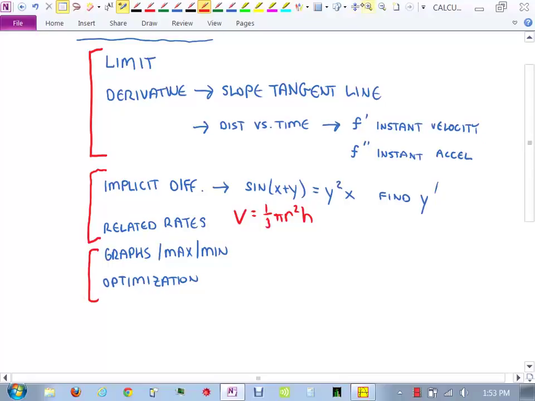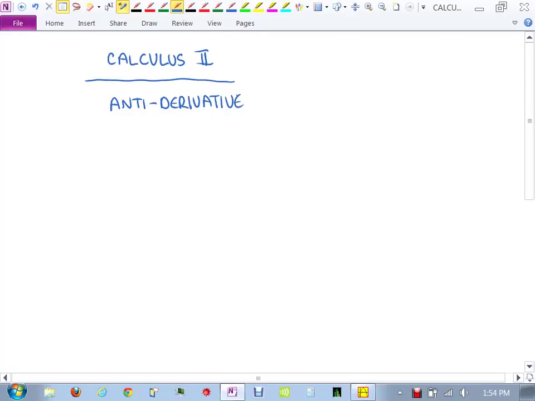Calculus 2 is a different ballgame, okay? Calculus 2 starts basically with the concept of the antiderivative. The antiderivative. So that's the womb in Cal 2, the antiderivative.